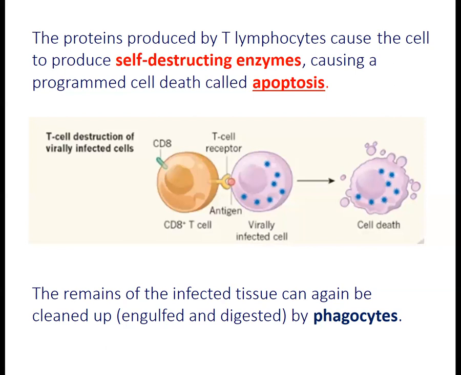So if you can stop them reproducing, that's one good thing. But the other thing that happens is that once the cell has been broken down, lying in wait is an army of phagocytes, and they will mop up and engulf and digest the remains of that cell, including the pathogen that was infecting the cell.